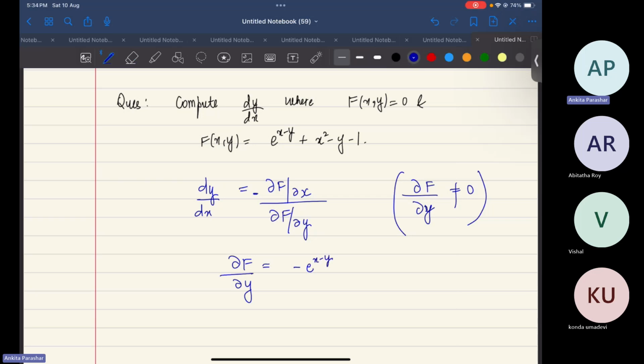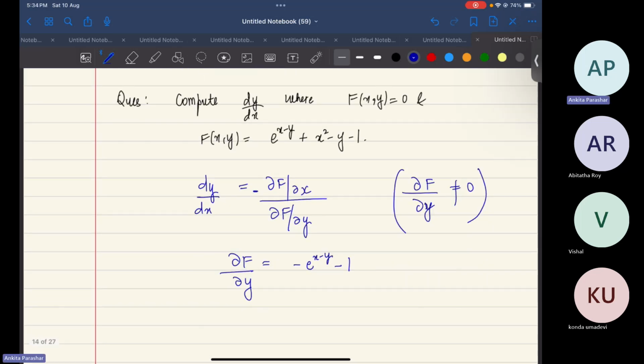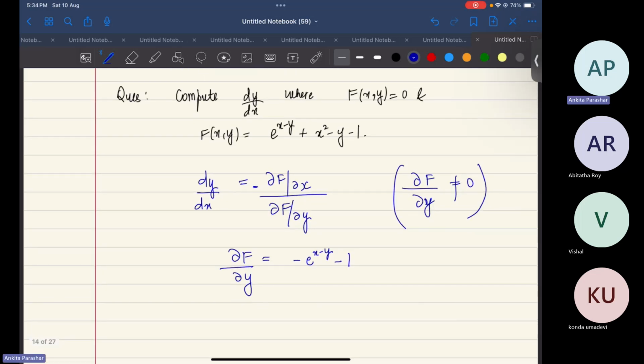And where are we computing? I have to say certain points also. Where do you want to compute this dy/dx? We can leave that part anyway.